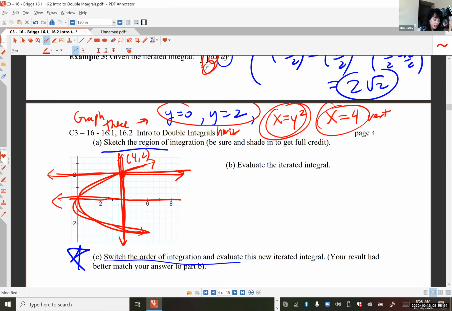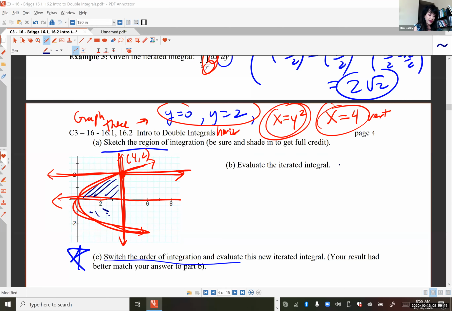The only region that's bounded by all 4 of those fences is this region here, so you're going to shade that in. If you shade in anything else, you're going to blow it. You don't have the region of integration identified. So that can be tricky. This one wasn't too bad, but wait till you see some more.